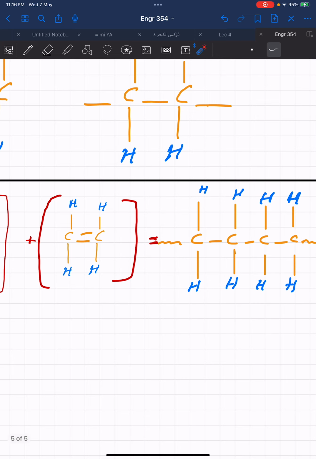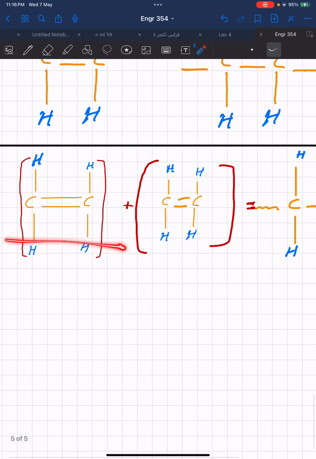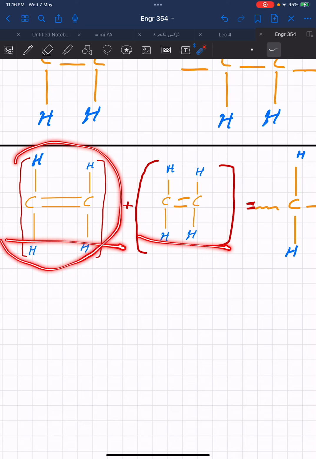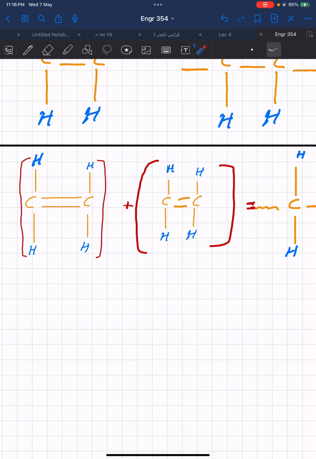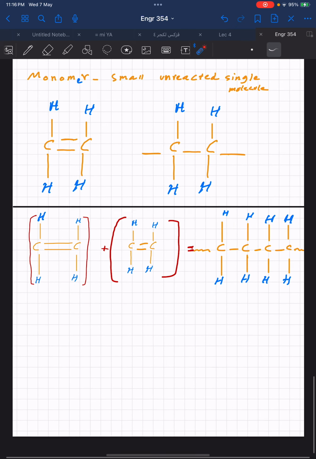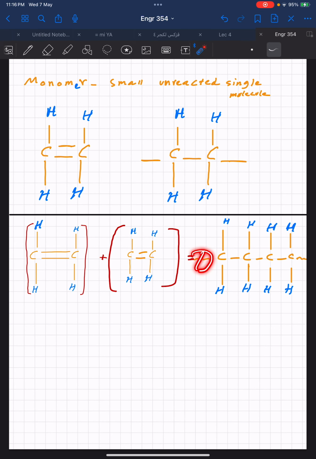I hope you get it. So this is a monomer and this is a monomer. Why? Because it does not need to react. It is unreacted. It's stable. That's it. So when we mixed it together, we had an extra covalent bond, which is presented like this one here. Therefore, it is a mer, because a mer is a reacted unit, or a unit that wants to react.